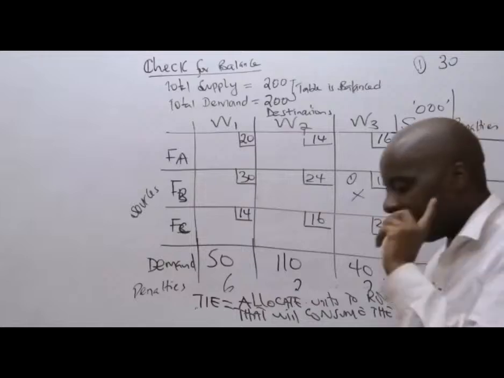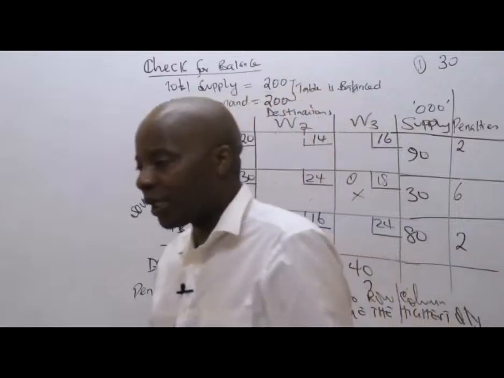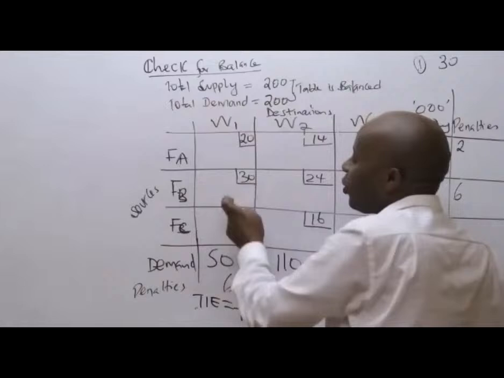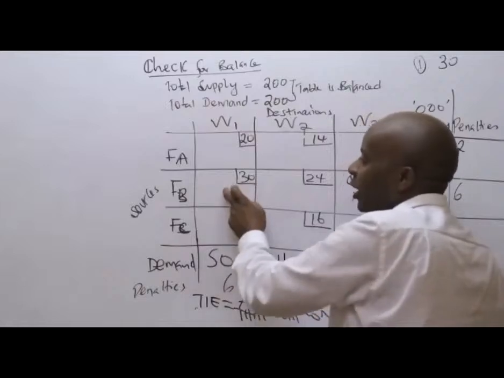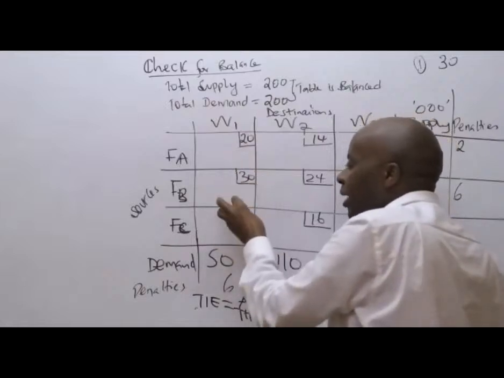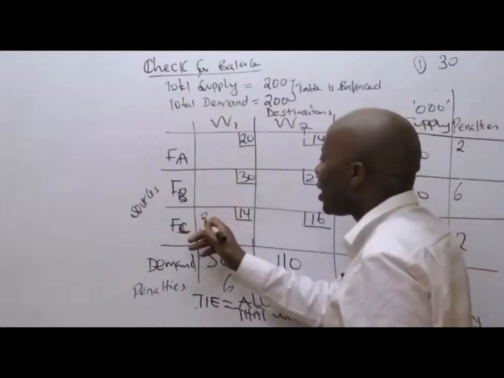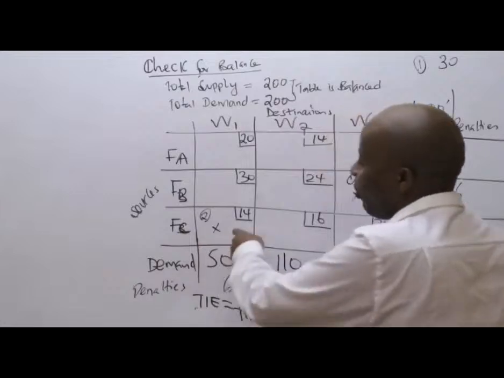If I'm not a cost minimizer, I'm not even supposed to be an accountant. So cost minimization takes me to 14, because I'm looking at 14, 30, and 20. If 14 is the lowest cost, could you kindly tell me this cell here, which I'll call cell number 2. How many units should we put there?